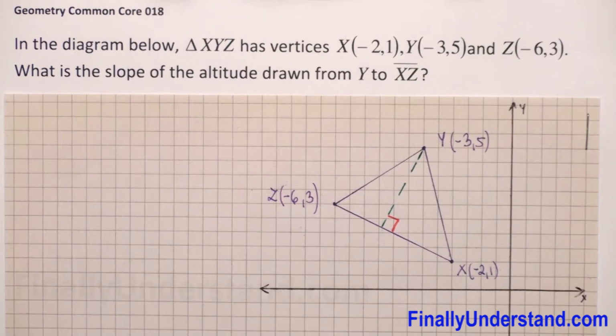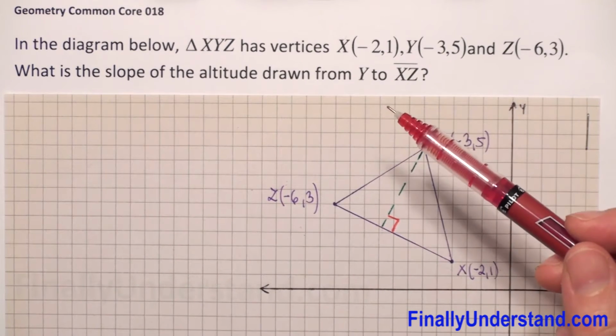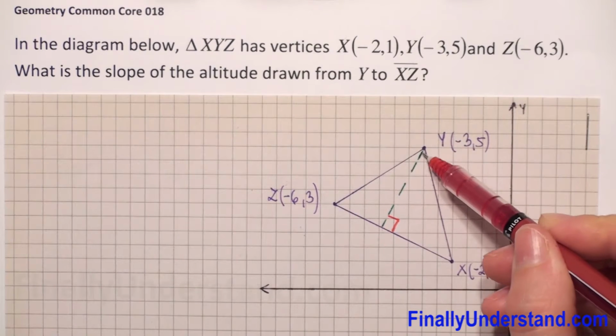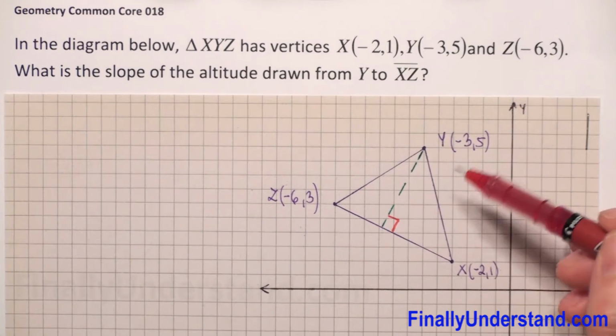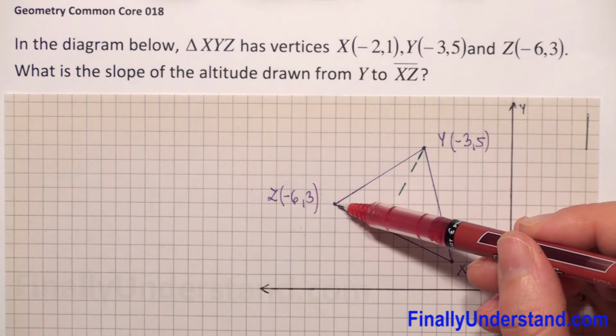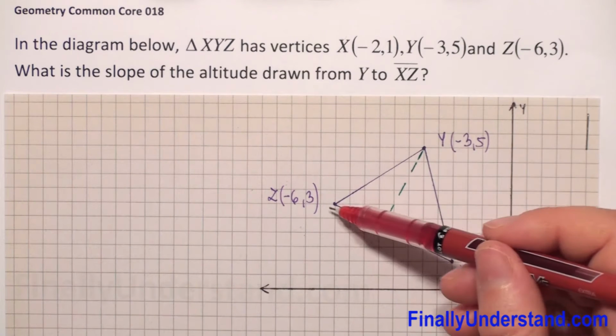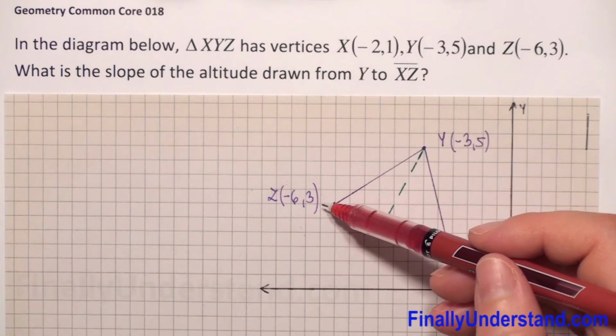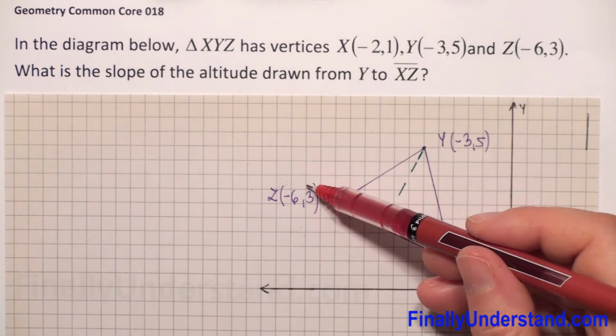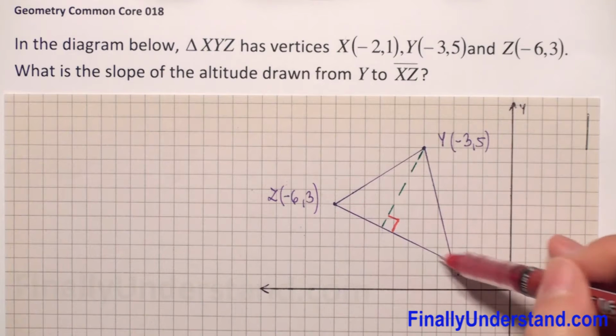What do we have to find? We have to find the slope of the altitude. Because we are given points Z and X, we can find the slope of line XZ.